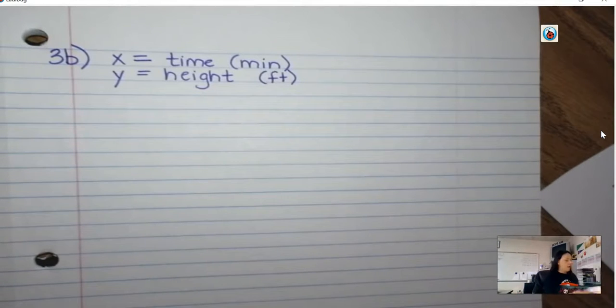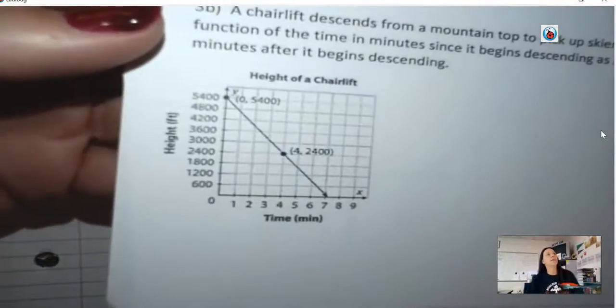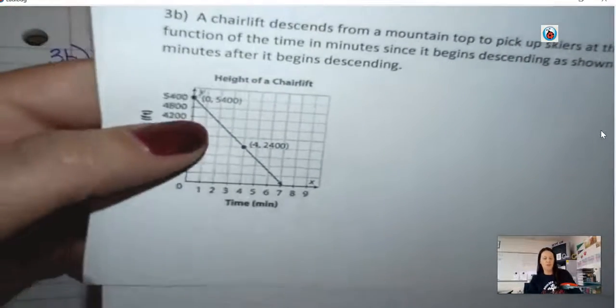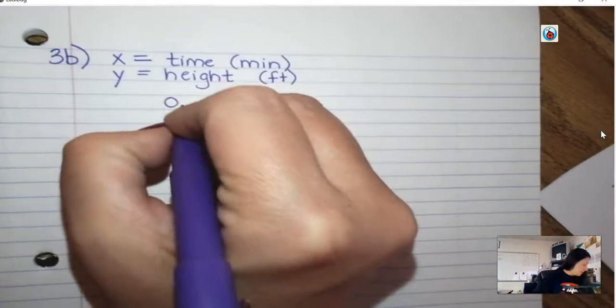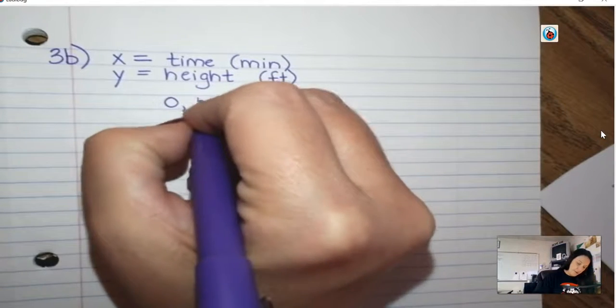You really don't need the graphs in your notes. I'm just going to give you those 2 points that they told us. So go ahead and write down one of the points is (0, 5,400).